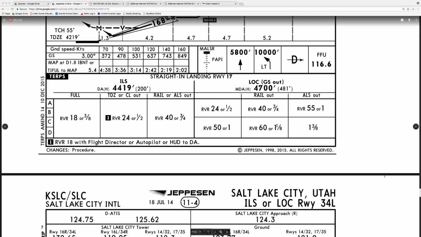Any other questions? Oh, sir. Main functions of the bleed system, and then that's all I need. I got everything else. Because I'm trying to find the main functions, I don't have that either. I would say the main functions are air conditioning and engine starting.